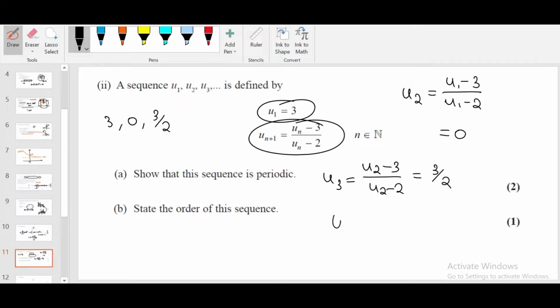Let's find the fourth term. U3 minus 3 divided by U3 minus 2, that's 3 over 2 minus 3 divided by 3 over 2 minus 2.